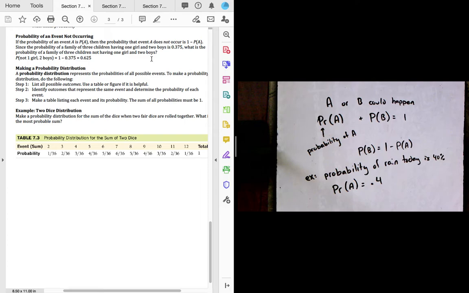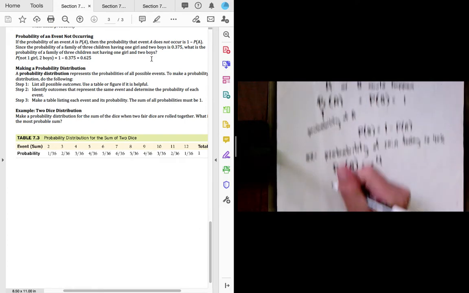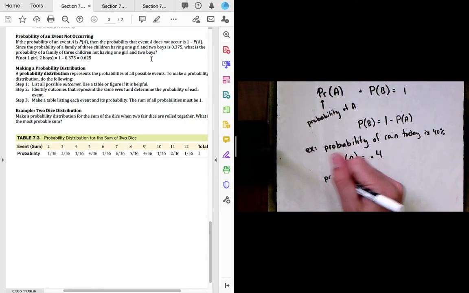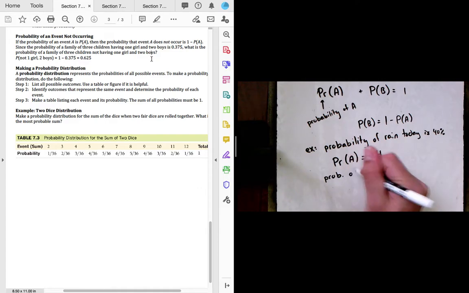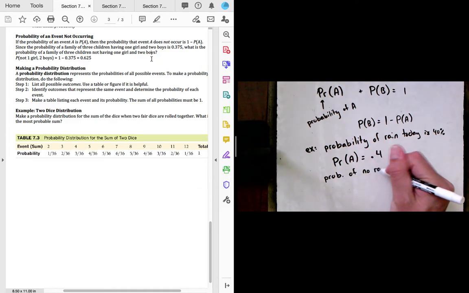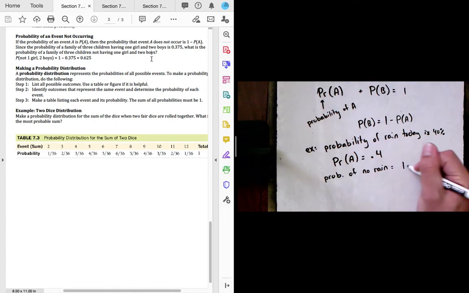The probability of it not raining, then, would be 60%. Or 1 minus the probability of A. 1 minus the probability of A would be the probability that it doesn't rain, which is 1 minus 0.4 equal to 0.6. So that's a good example of showing how the 1 minus rule works.